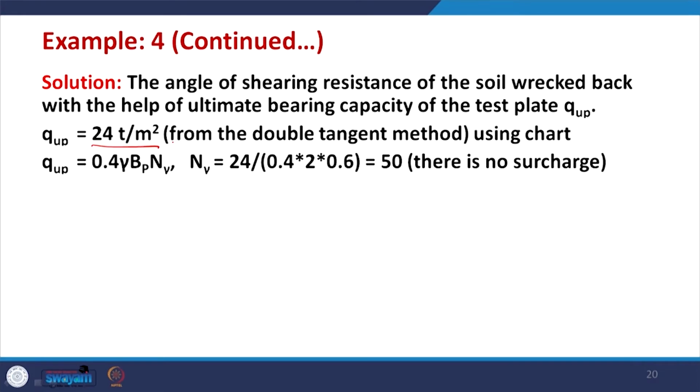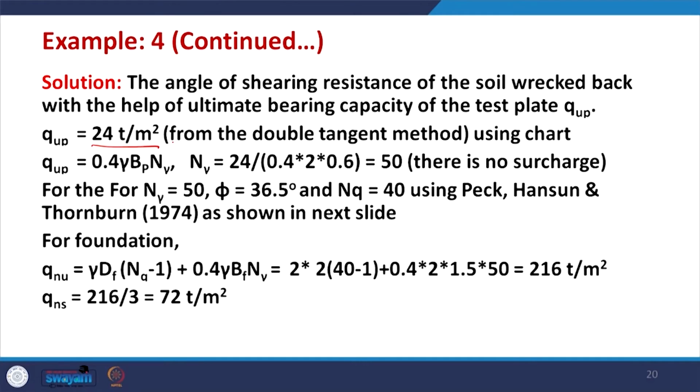This QUP is the ultimate bearing capacity for the plate, not for the footing, and we need to find the ultimate bearing capacity for the footing. For the plate, there was no surcharge, the value of C equals 0, and the plate is a square plate.